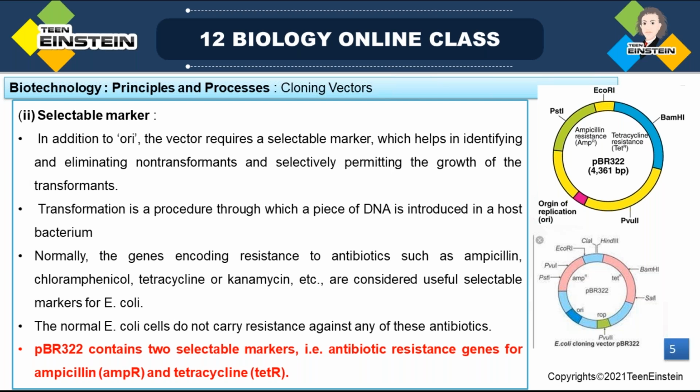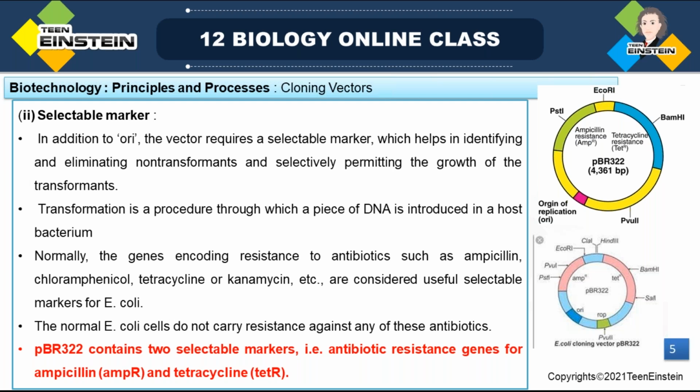Others may die or cannot survive. That is the common way of working. The normal E. coli cells won't carry resistance against those antibiotics. So that's how it works as a selectable marker.